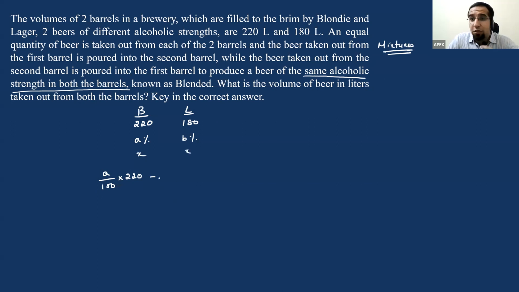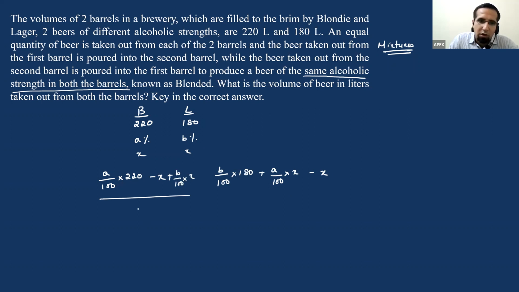And these X liters with A% alcohol, in the second beaker, you have B percentage of 180. To this, A percentage of X is added. This is the amount of alcohol here, and X liters is taken out. Similarly, here the amount of alcohol is how much, guys? And here also I am adding B percentage of X, which is coming up from B.